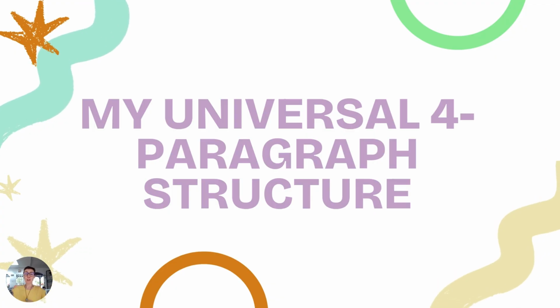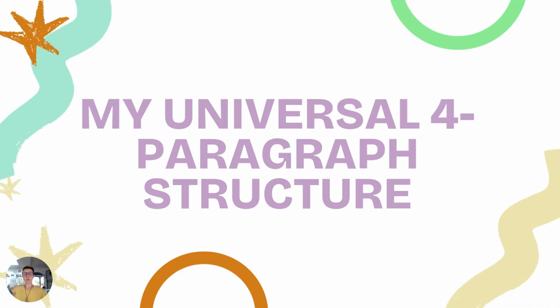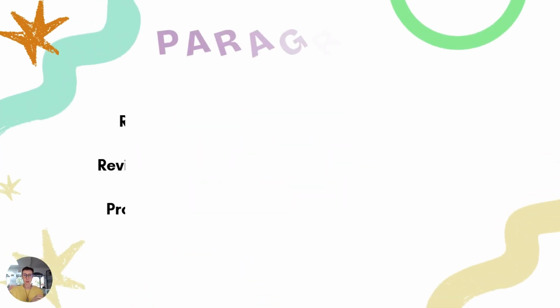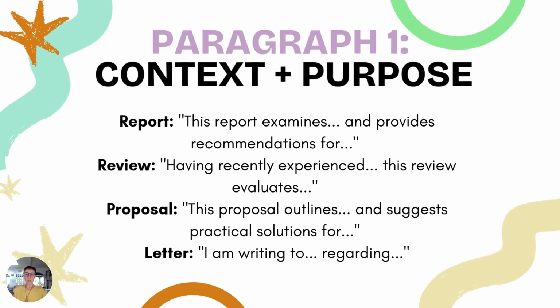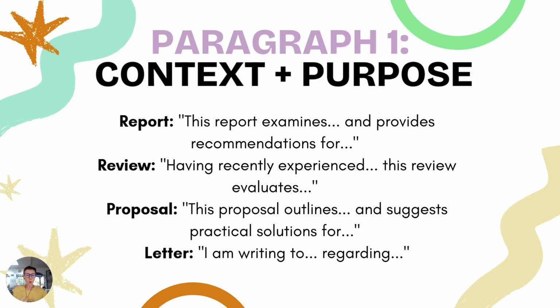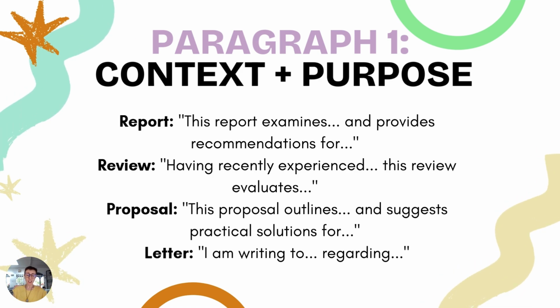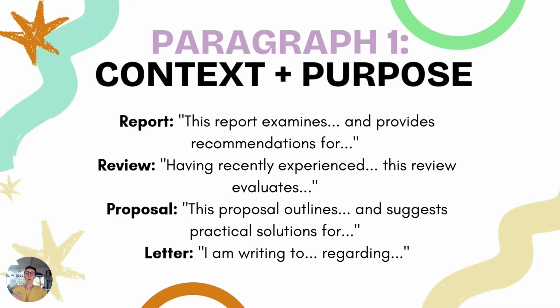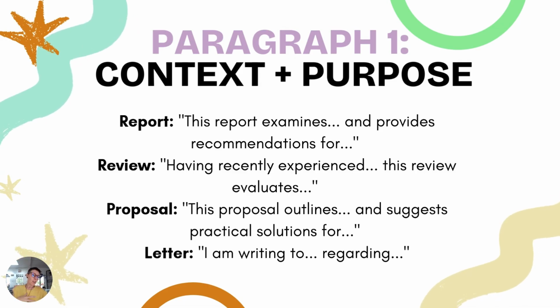Now let's look at my universal 4-paragraph structure that works for all of those different tasks. Your first paragraph. In paragraph 1, you should be giving context and explaining your purpose. What are you writing about and why are you writing it? So for a report, that could look like, this report examines and provides recommendations for the review.